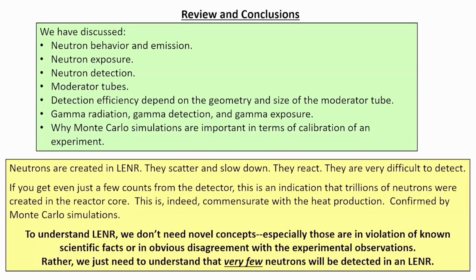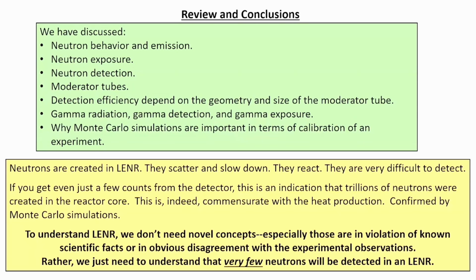So review, this is what we talked about. Neutrons are created in LENR. They scatter and they slow down, they react. They're very difficult to detect. If you get even a few counts above the background, it's an indication that neutrons were created in the reactor core, and this is indeed commensurate with the heat production, confirmed by Monte Carlo simulations.